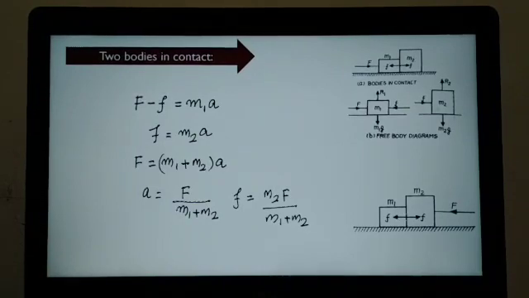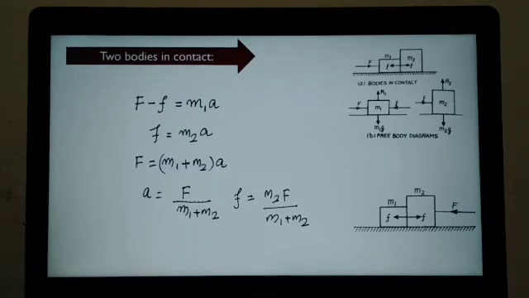The second mass is experiencing small f exerted by m1 in the direction of movement, and m2g is acting downward, and R2, its normal reaction, is acting upward. Since there is no movement in the vertical direction, the weight and normal reaction on both the bodies cancel off. So R1 and m1g, R2 and m2g are cancelled.